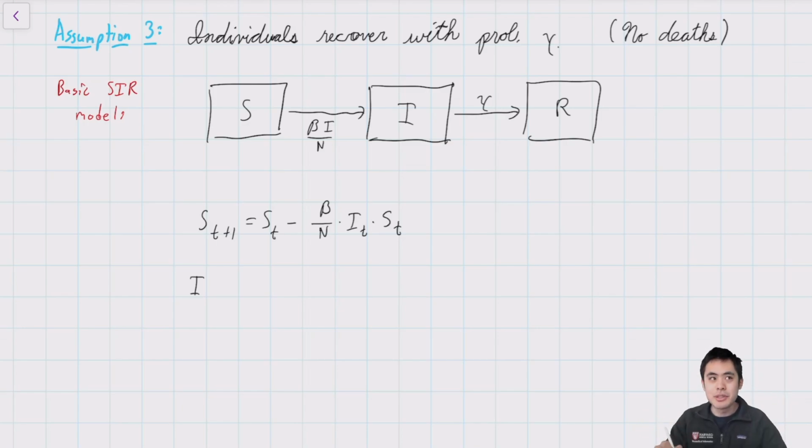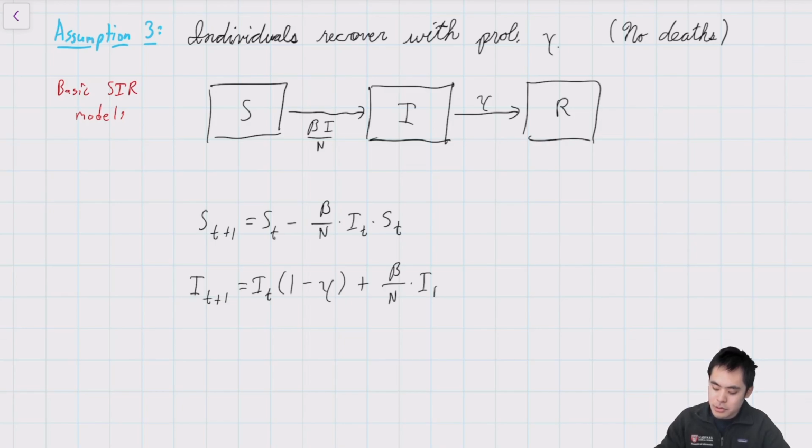So nothing changes with the S equation. But for our I equation, we do have a difference. So I sub t plus 1 is going to be equal to I sub t. So you have the number of individuals, but then with gamma probability, you remove the individual from the infected population. But then we also add in the new infected individuals, beta over n times I sub t times S sub t.